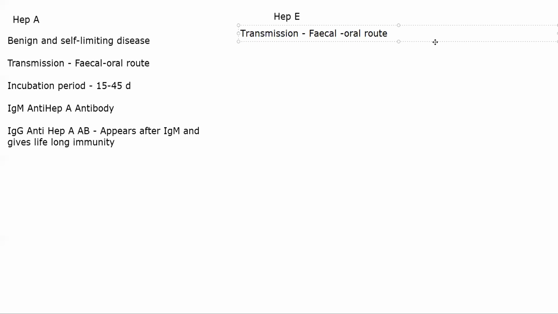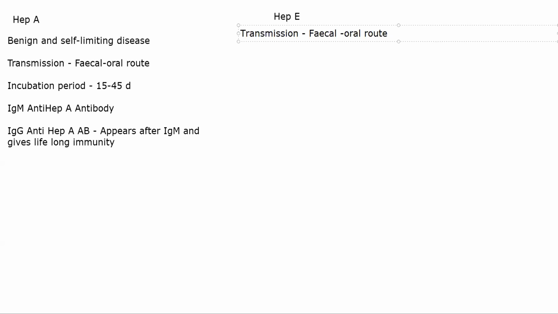Now, this infection generally occurs in young and middle-aged individuals. It can occur up to 30 or 35, something around that, and it is generally acquired by contamination of water supplies, especially after monsoon flooding. You've seen in India especially, or in several other countries, whenever there is a lot of rain, a lot of water gets clogged and starts coming out of several places, and that is generally contaminated water.